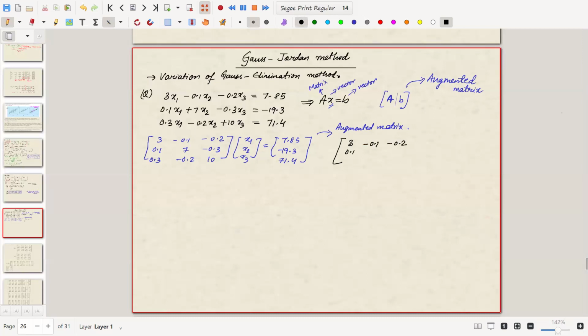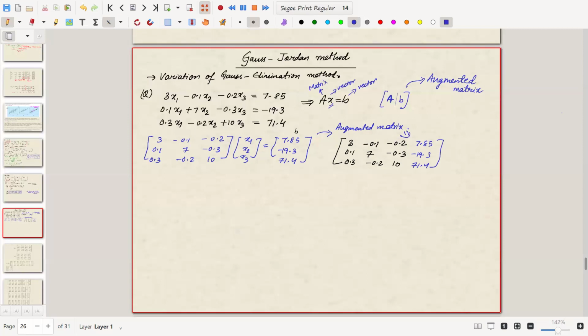Let us write the A matrix first. Then I'm concatenating this B vector onto the right. Let me denote it in blue: 7.85, minus 19.3, 71.4. Now this is the augmented matrix. Can you see it? Okay with this?